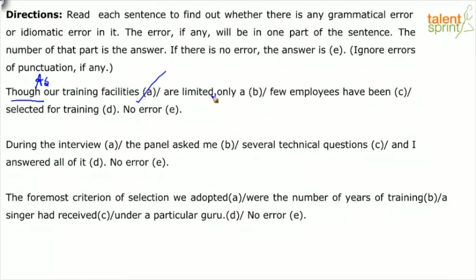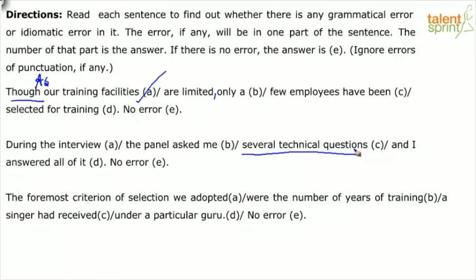So during the interview, the panel asked me several technical questions and I answered all of it. Yes, most of you have come back and given me the response, which is correct, right? The clue for you is several technical questions. More than one question. So Chandra, what do you see wrong with part B?